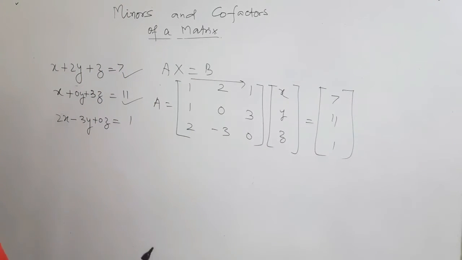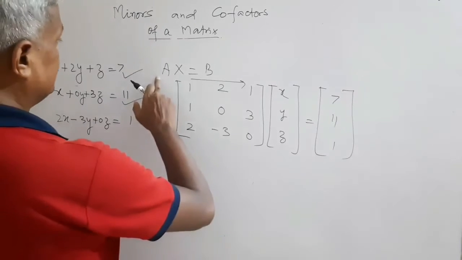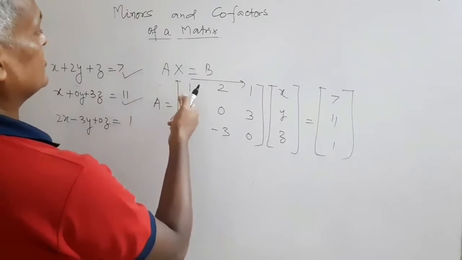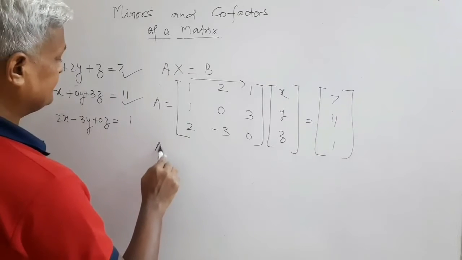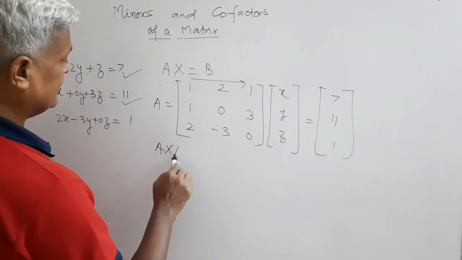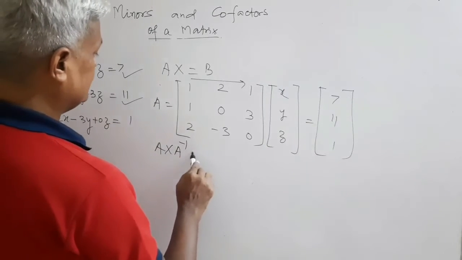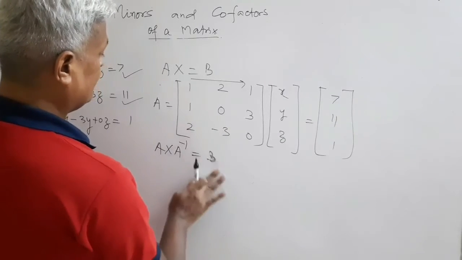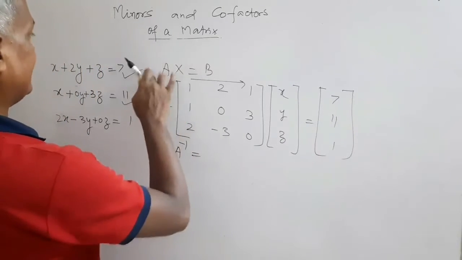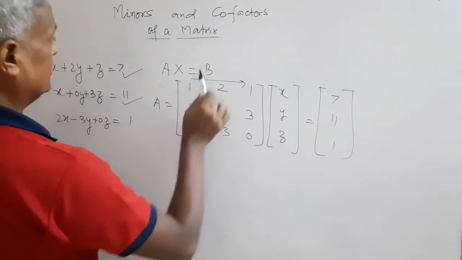Now, if I multiply this by its inverse, or pre-multiply, meaning I write A inverse first, that will be better.